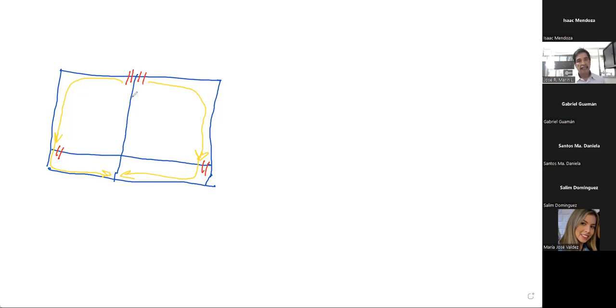Now, for the vertical element, since we can start here, let me change color. So we could go from here, and we can stop here. We have to stop here. We can go from here, we have to stop here. I'm sorry, this is the same, sorry.